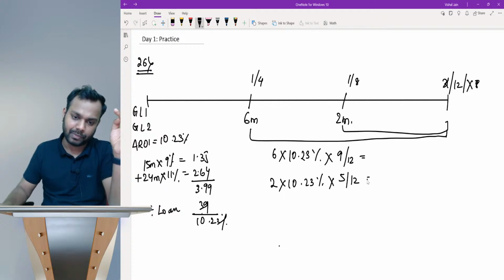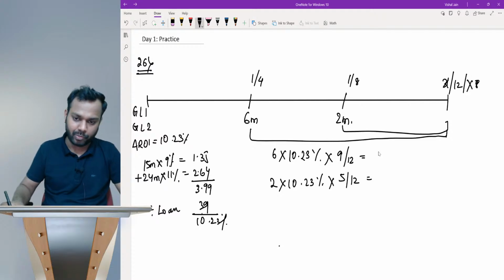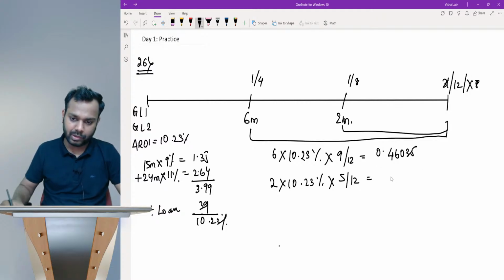So what is the amount? 6 multiplied by 10.23 percent multiplied by 9 by 12 is 0.46035, and 2 into 10.23 percent multiplied by 5 by 12 is 0.08525.